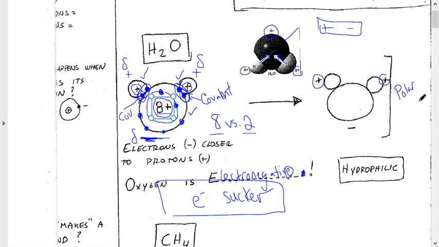It is important to note that the overall charge is neutral. It is a 0 overall charge for a given water molecule. But within that water molecule, there are areas of positiveness and areas of negativeness. So that's why we call it polar.